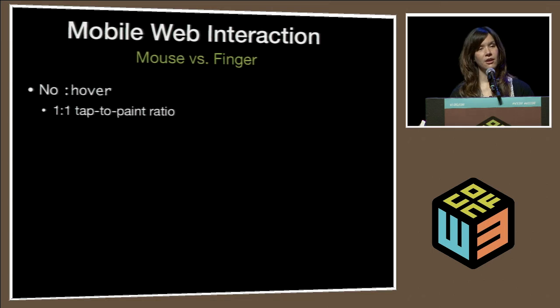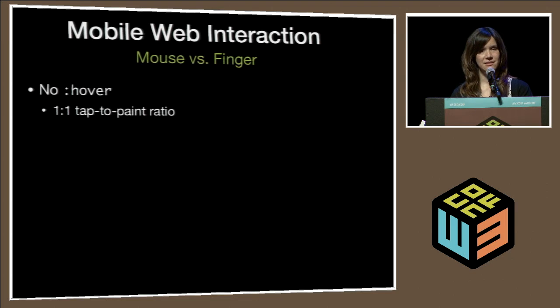There are a few other implications of the fact that users are going to be navigating your content with a finger instead of a mouse. There's no hover, and in general, there's kind of a 1-to-1 tap-to-paint ratio. So let's say there's a string of menu items: you hover over one on the desktop and a submenu appears.